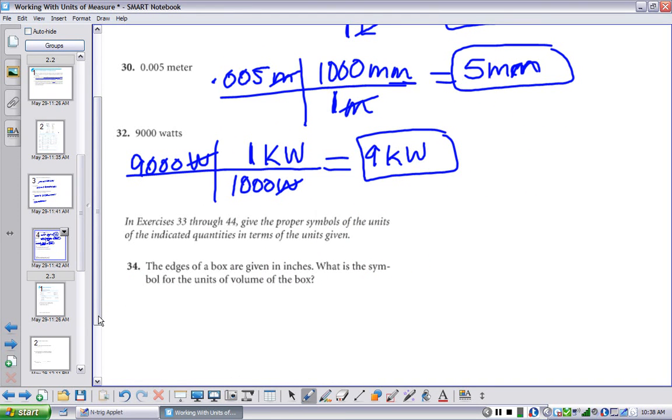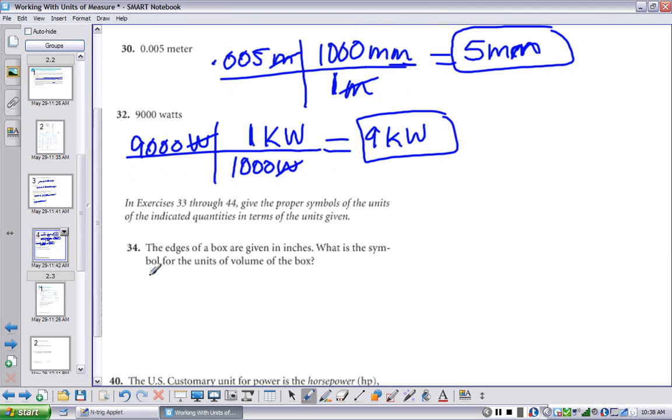All right, next couple of examples, they want us to give the proper symbols of the units of the indicated quantities in terms of the units given. It says the edges of a box are given in inches. What is the symbol for units of volume? If you remember with volume, volume is length times width times height.